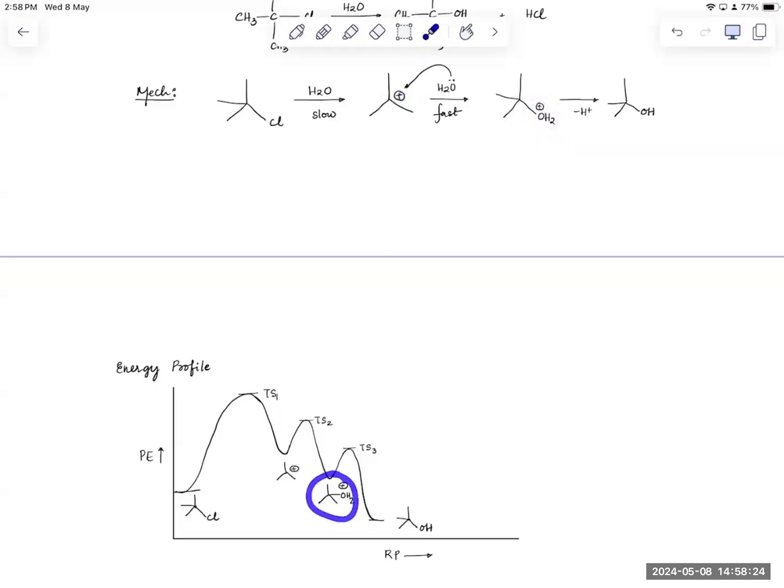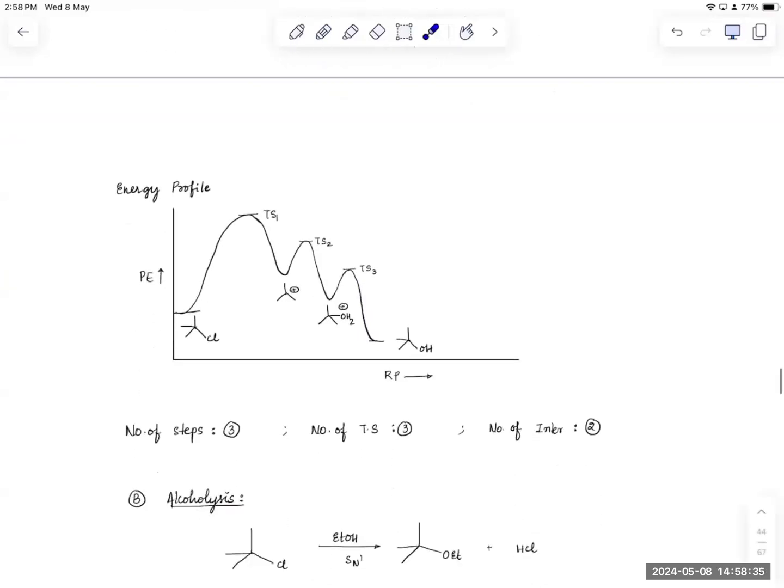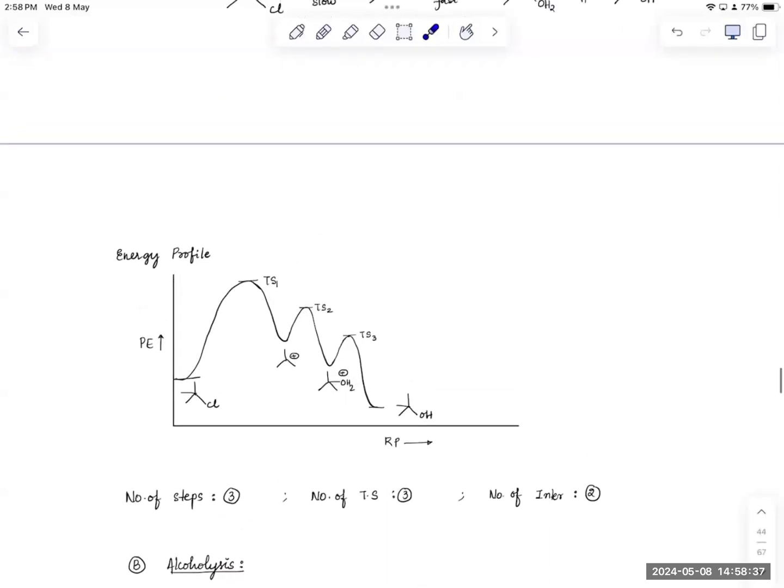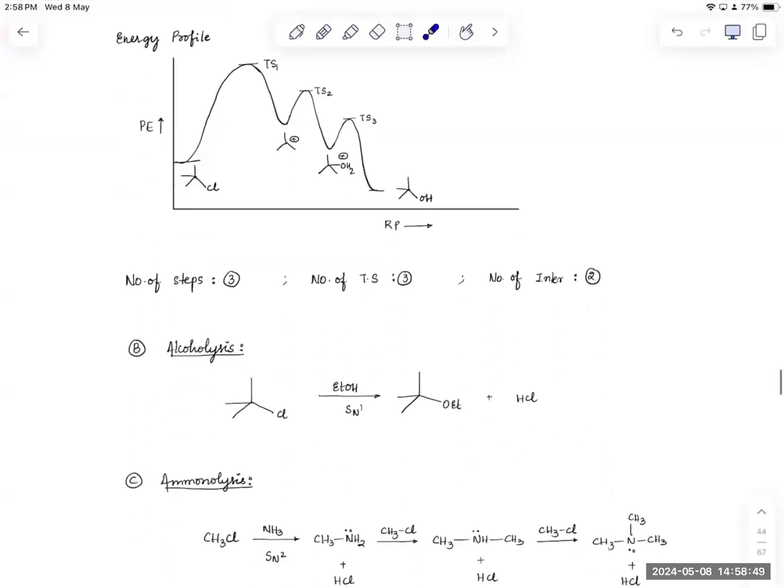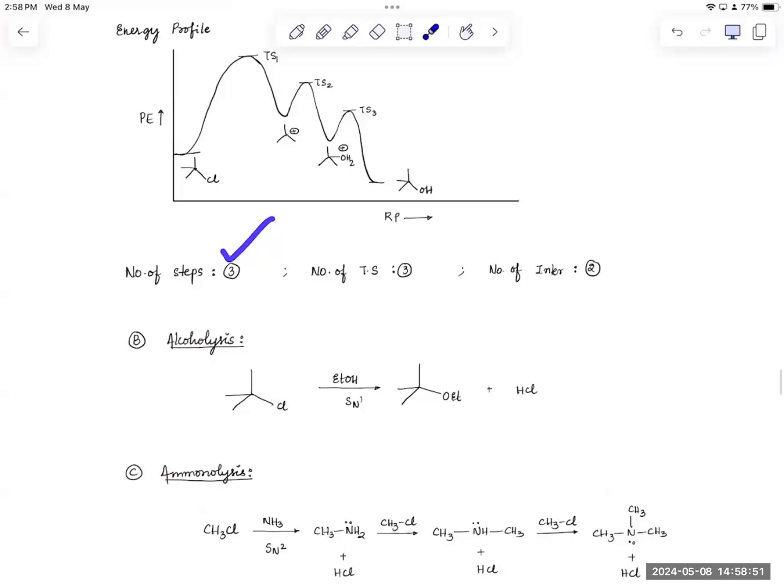So this will have lesser energy, and from there finally you get the alcohol product. I hope everybody understood the energy profile. Clear? So check out, total number of steps are 3, transition states are 3, intermediates are 2.